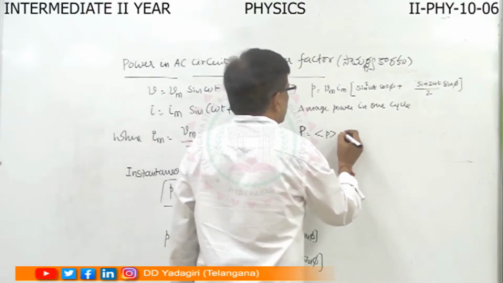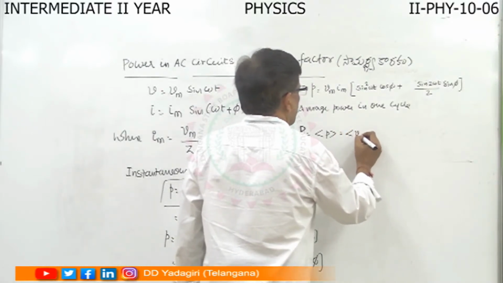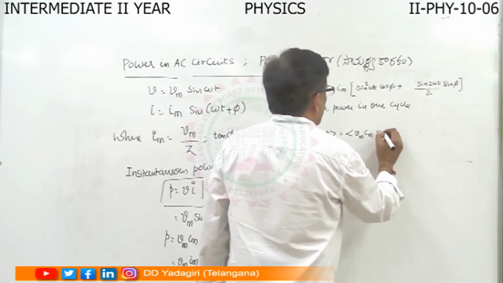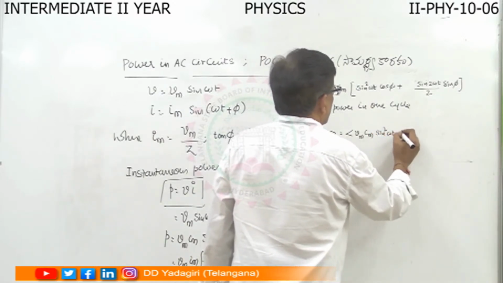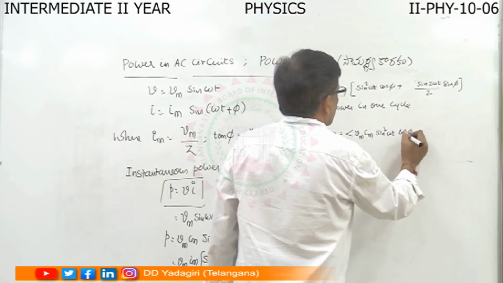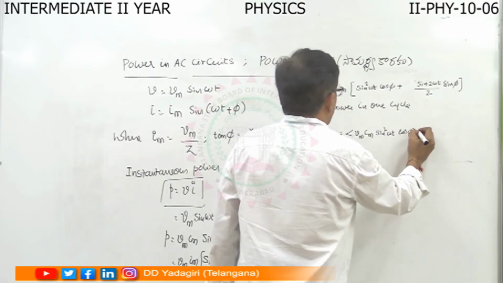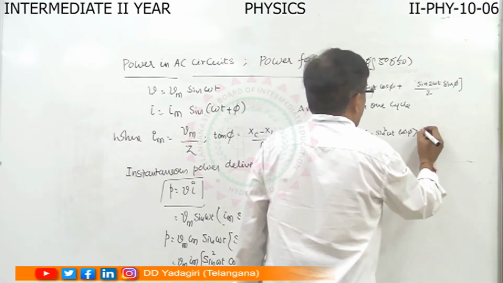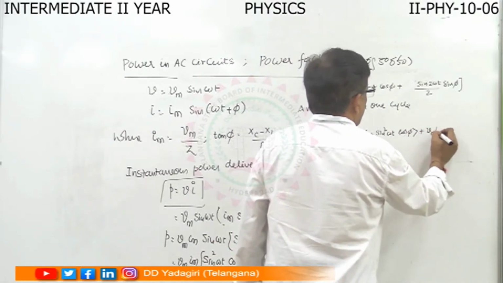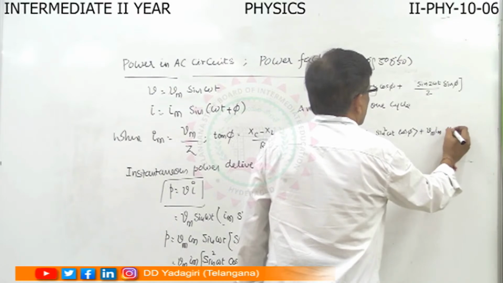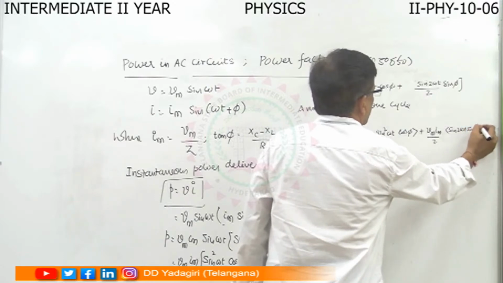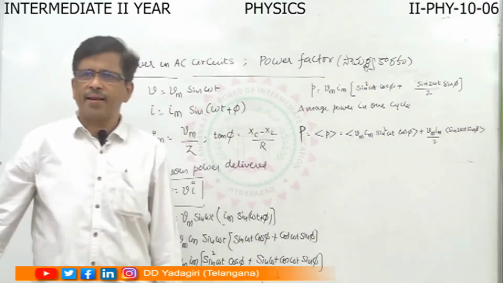This is nothing but Vm Im sin² ωt cos φ plus Vm Im sin 2ωt sin φ, like that we can write.